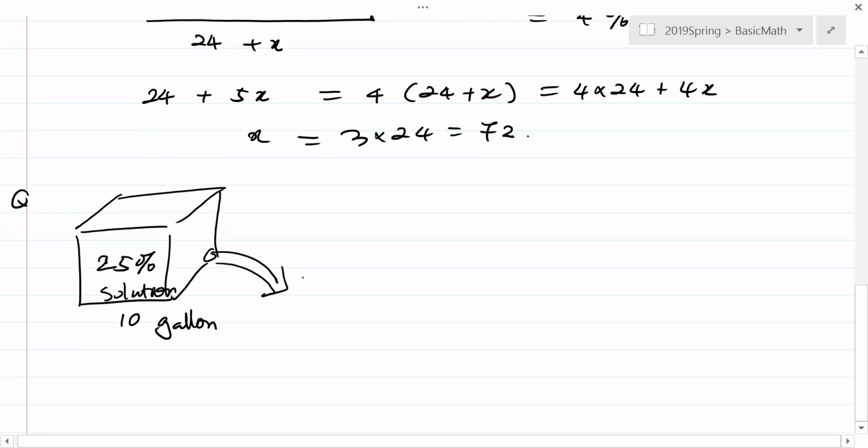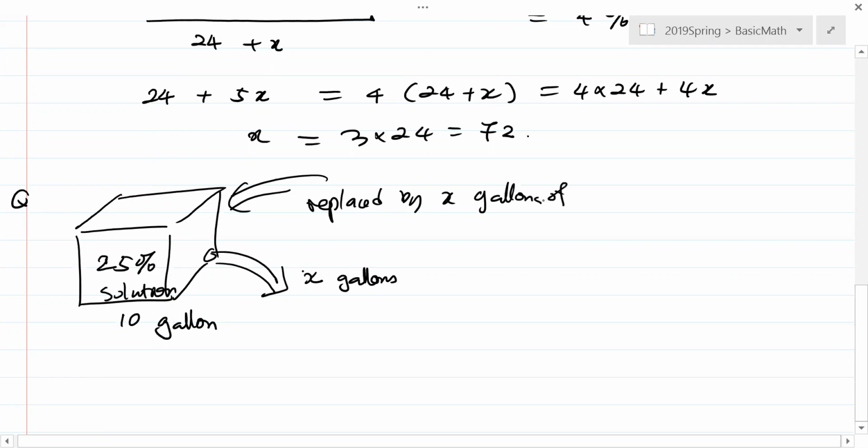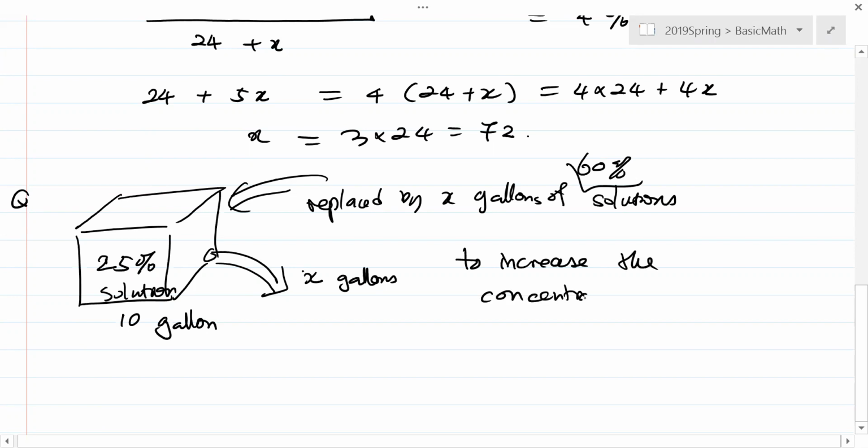So I get rid of x gallons of original solution, replaced by x gallons of, let's say, 60% solution, to increase the concentration to 50%. The question is, what is x?